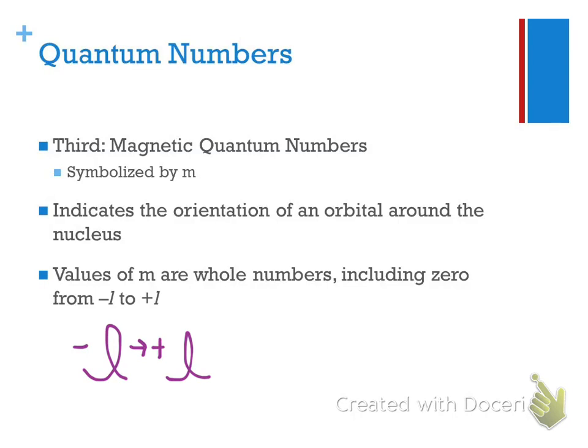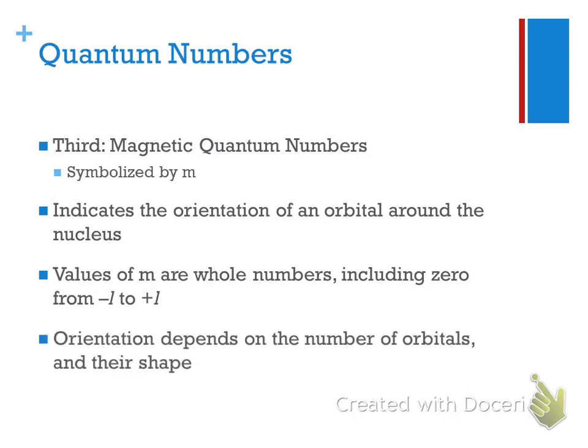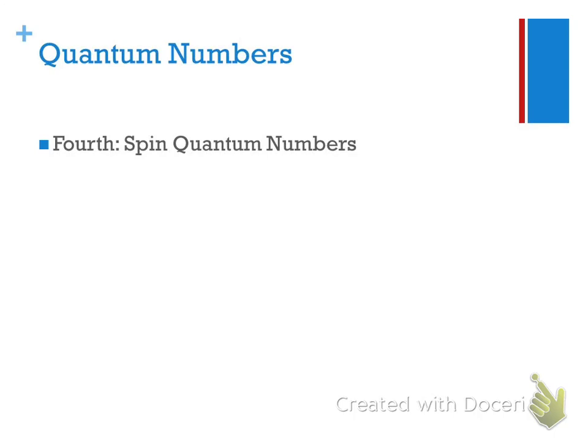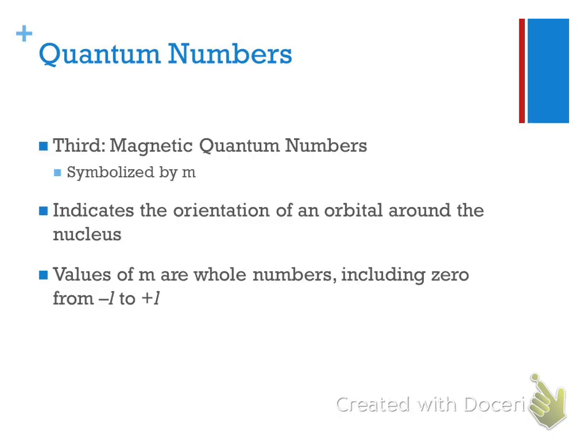Let's map out the options first, and then I'm going to show you how we narrow it down to figure out which one it is. Okay? So negative L to positive L. Let's get all these little notes down. This is the only last part of notes I want on this page.